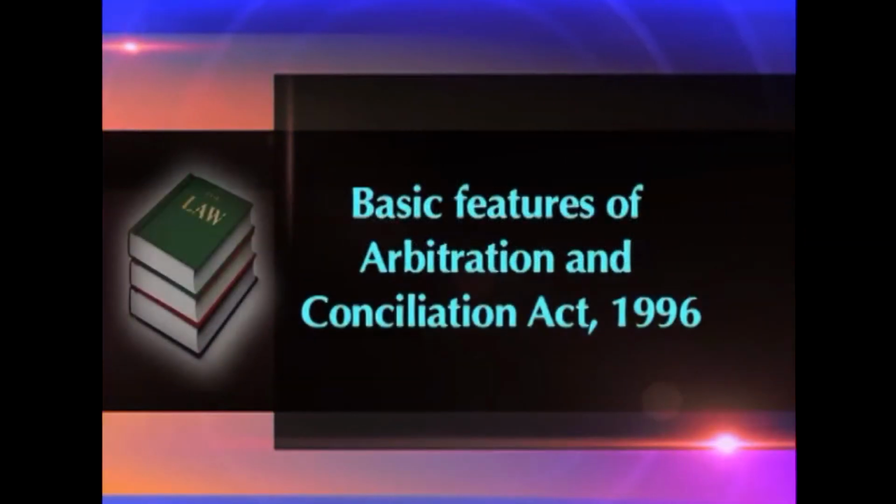Let us look at the basic features of the Arbitration and Conciliation Act 1996. The Act governs domestic arbitration, international commercial arbitration, enforcement of domestic and foreign awards, and also conciliation.